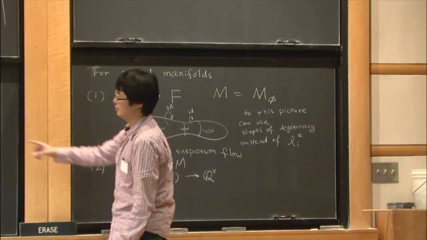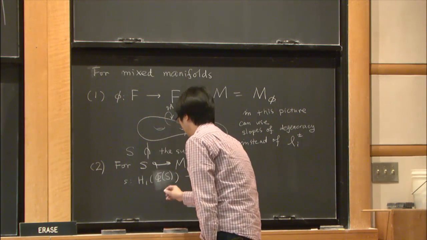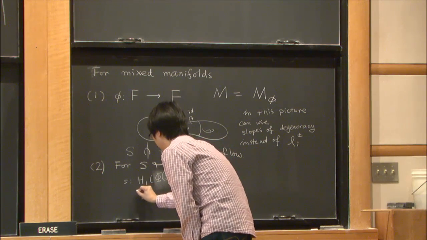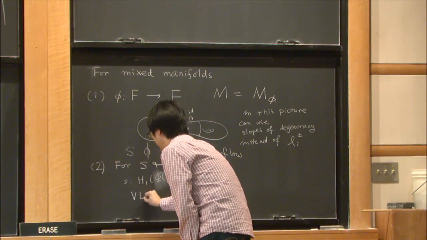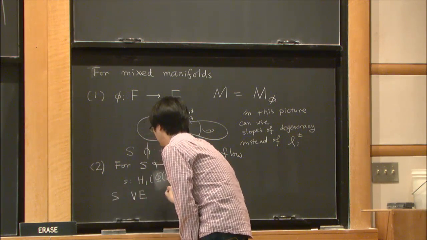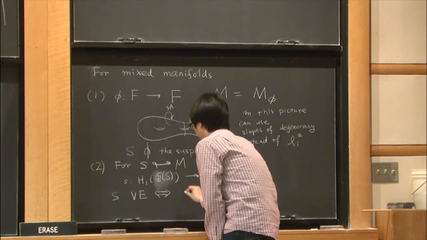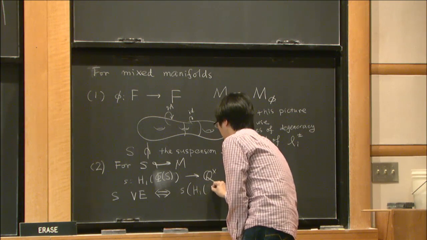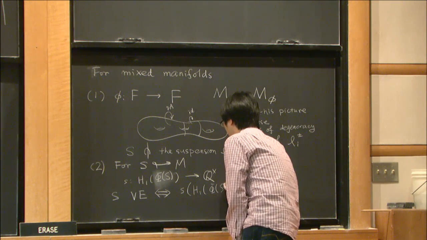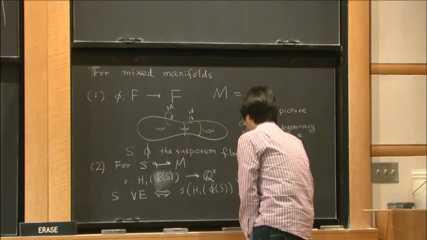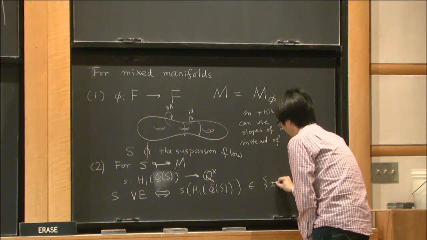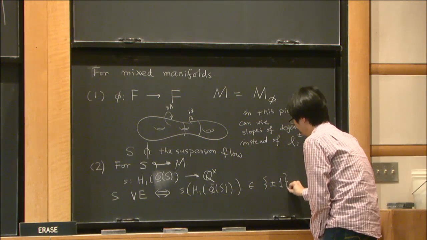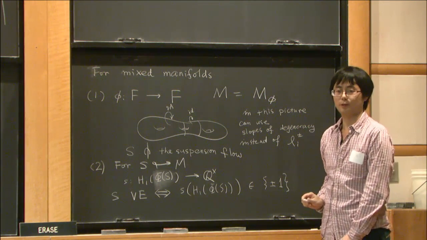And there is a similar theorem like the Rubinstein-Wang theorem that S is virtually embedded if and only if the image takes only values plus or minus 1.